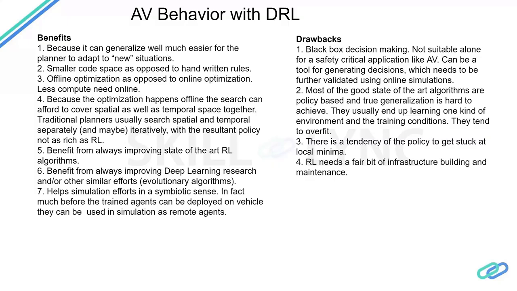If you're given a new situation, you can adapt to it. Obviously, it has a smaller code space, since you are not handwriting code for each different situation. The optimization, training and learning are all offline, and online it's just a prediction problem, so it's much faster online. You can combine spatial and temporal search together in reinforcement learning, which is very difficult for any planner to do in a cost-effective manner today.